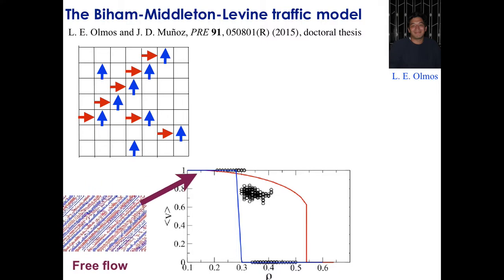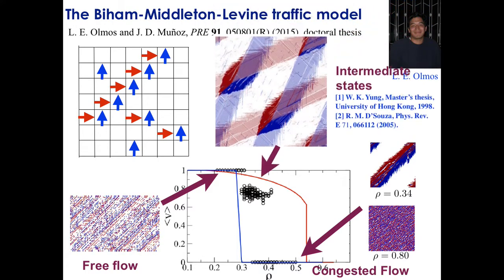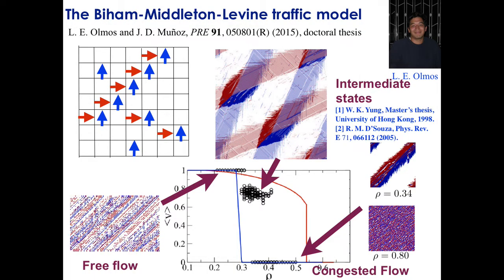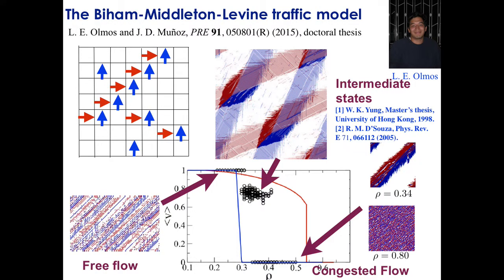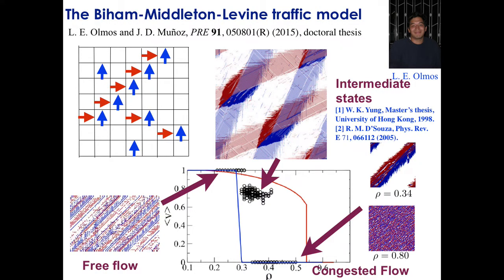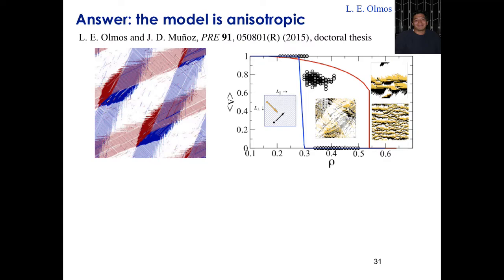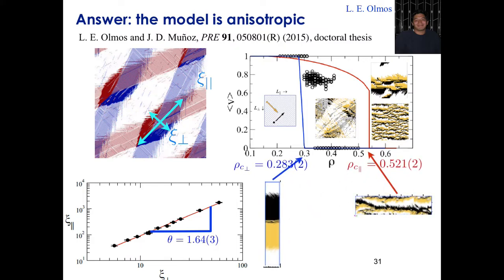What was expected was just a phase transition, but they found that there is also a three-phase regime, some intermediate states where you have this pattern of local traffic jams. And with my PhD students at that time, we were able to find that this is because the system is anisotropic, and then you have not just one but two phase transitions, and this explains why we obtain that behavior.